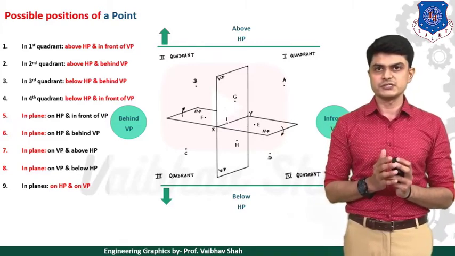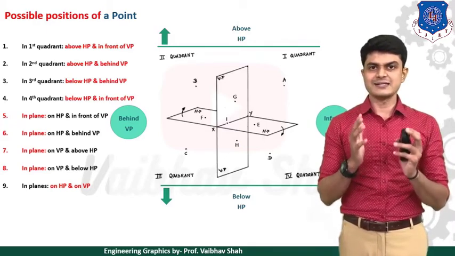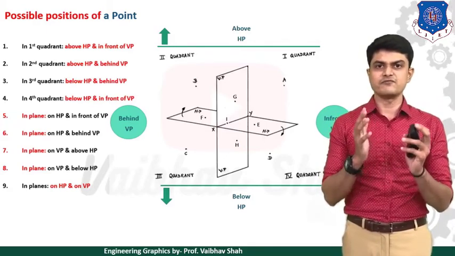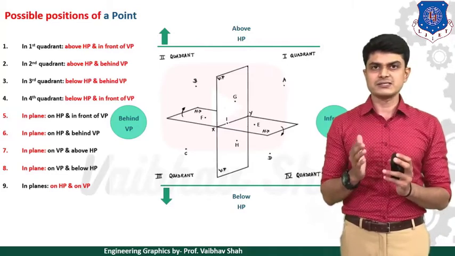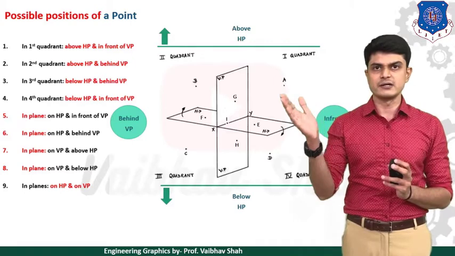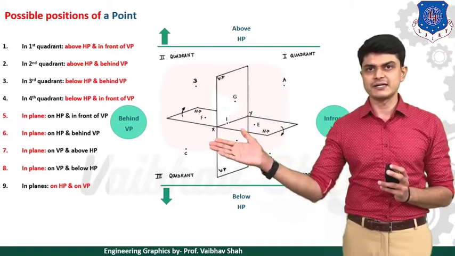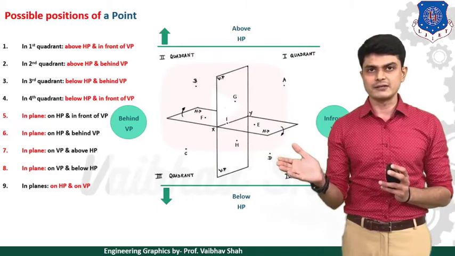The first 4 positions are the point itself in 4 quadrants. Let us start with the first position. Point A is in the first quadrant, point B in the second quadrant, point C in the third quadrant, point D in the fourth quadrant.